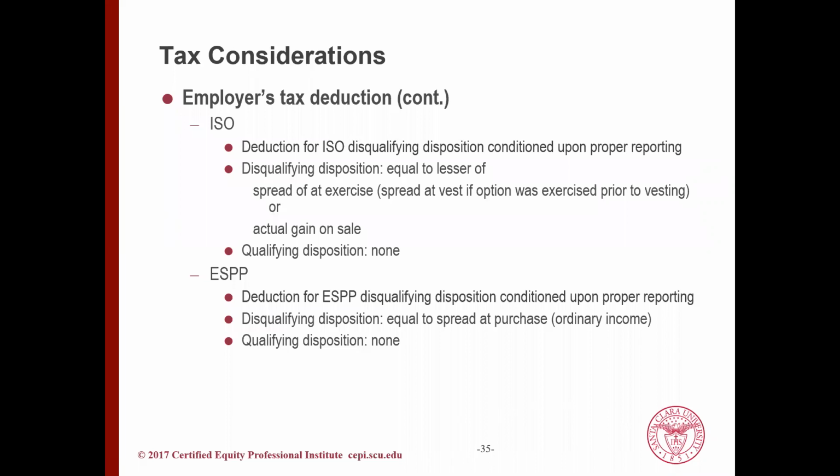For a disqualifying disposition, the income is equal to the lesser of the spread at exercise or the spread at vest if the option was early exercised, or the actual gain on sale. For a qualifying disposition of ISO shares, the employer does not receive a tax deduction.